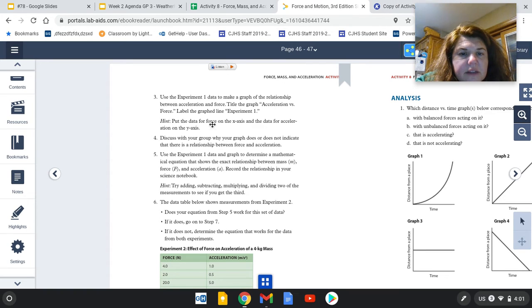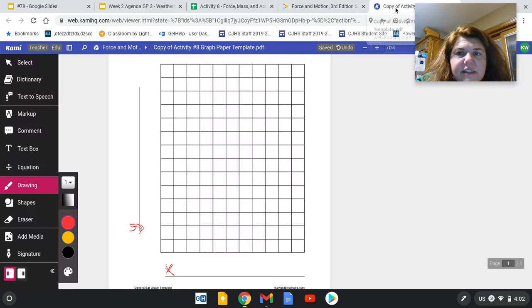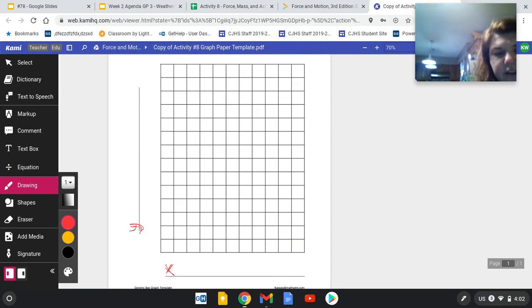It says put the data for force on the x-axis and the data for acceleration on the y-axis. And so we just identified our different axes. So down here on the x, I'm going to write force.